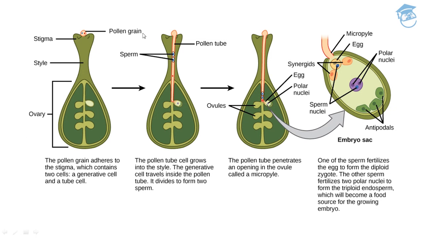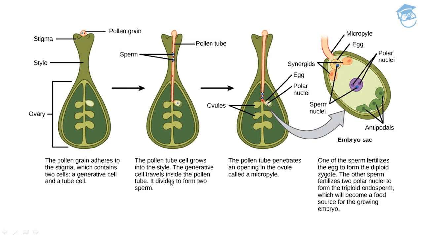So a pollen grain adheres to the stigma, and it contains two cells, a generative cell and a tube cell. And then the pollen tube cell grows into the style. See, this is the style. So the pollen tube cell grows into the style, and the generative cell travels inside the pollen tube.